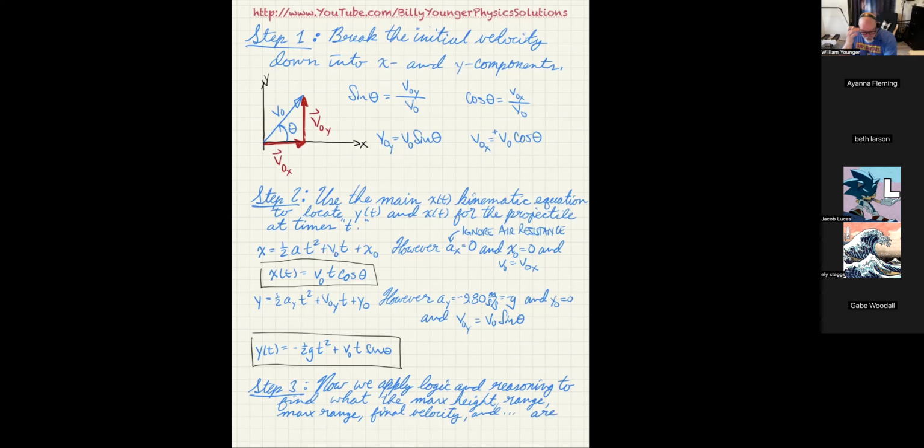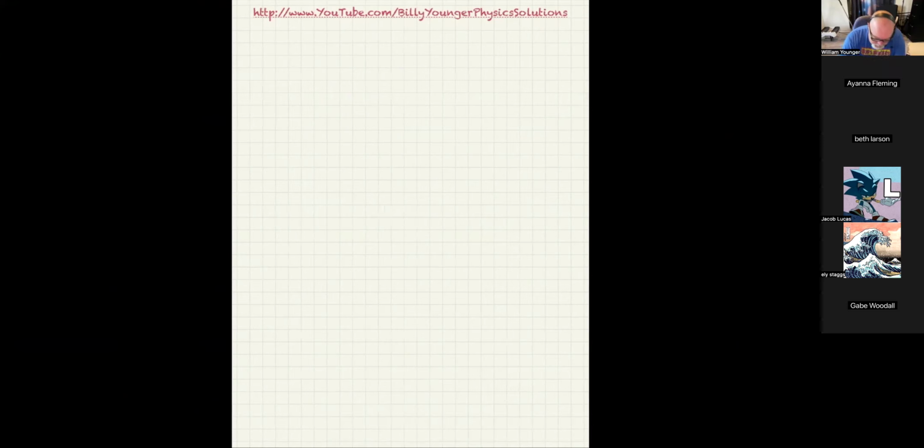So we're just going to use basic principles that we've learned from projectile motion or from motion in general, kinematics specifically. We're going to use that to try to ascertain some of the things we asked about. So for instance, we might want to say, what is the max height? All right, let's do that in blue.